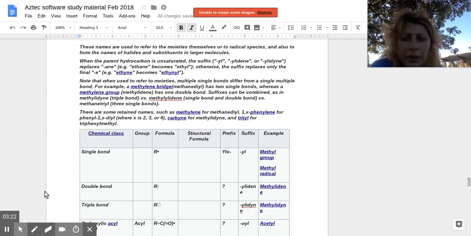Methylidyne has a triple bond with a "ylidyne" ending. Methylidene has a double bond, with an "ylidene" ending. Methanetriyl has three single bonds. So just some specifics, just to get an idea of the naming.